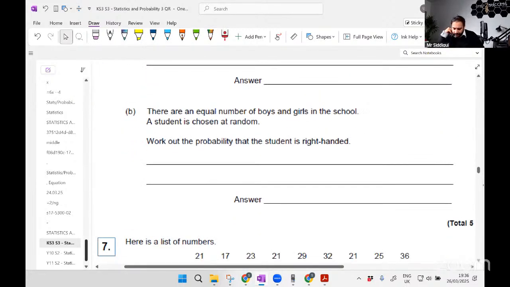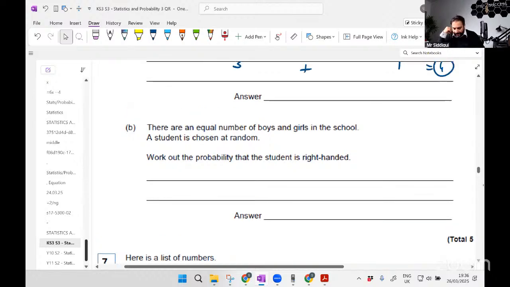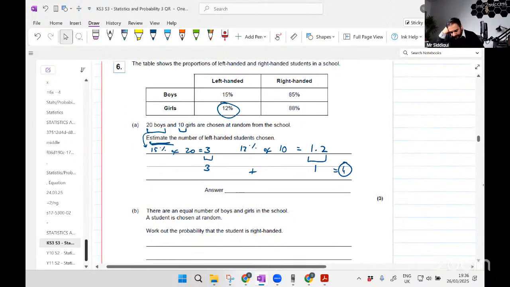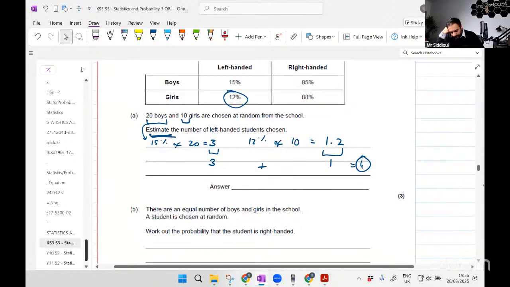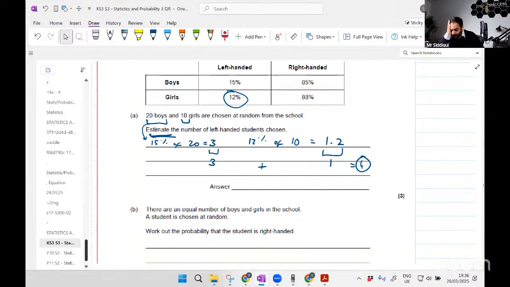And there's an equal number of boys and girls in the school. Work out the probability a student is right-handed. I think all you do, I'll double check this.